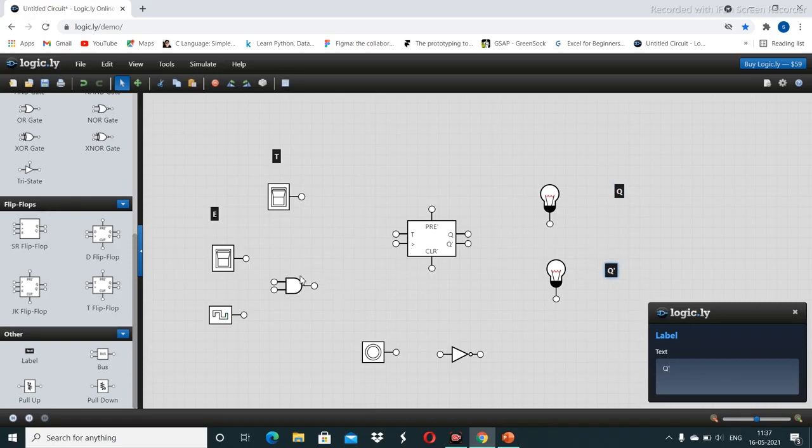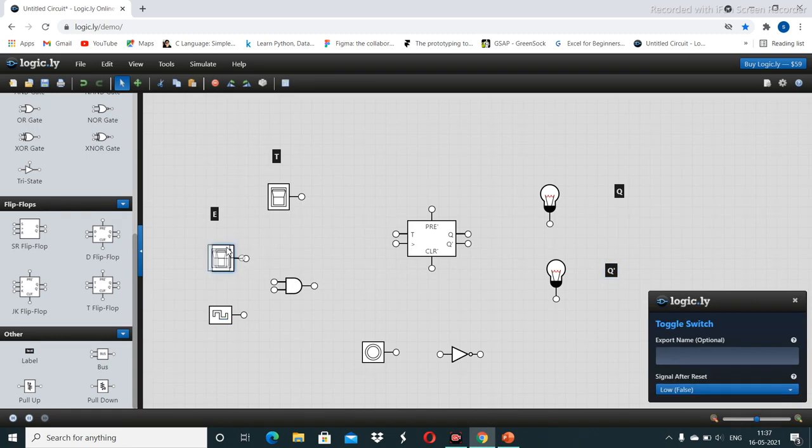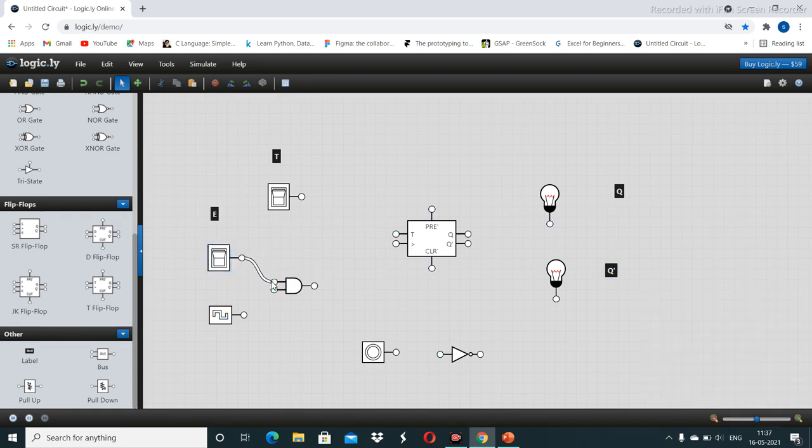Let's start giving connections for this. Now E and clock pulse are connected with the AND gate, and the first switch is connected with the T flip-flop, and the AND gate's output is connected with the T flip-flop.